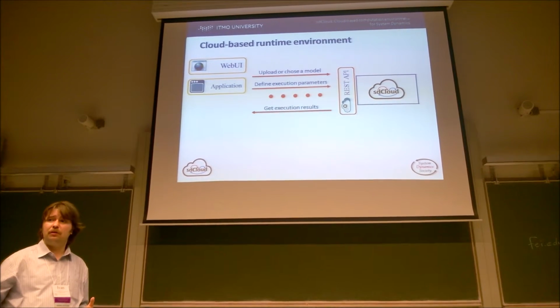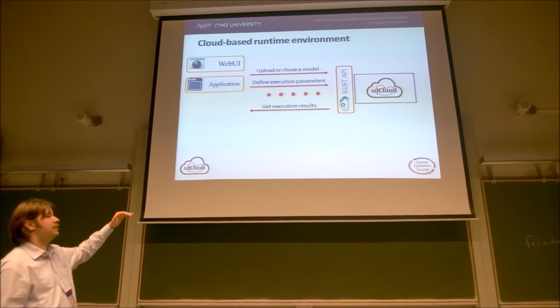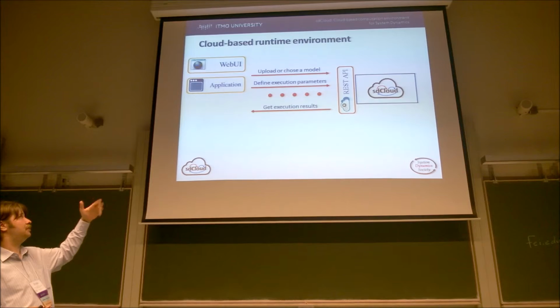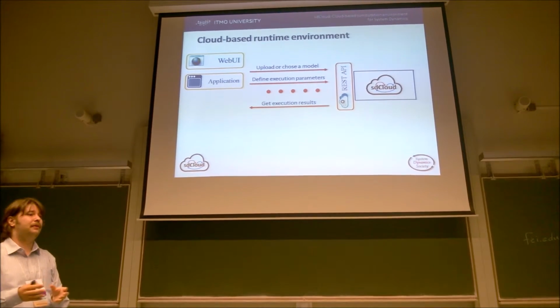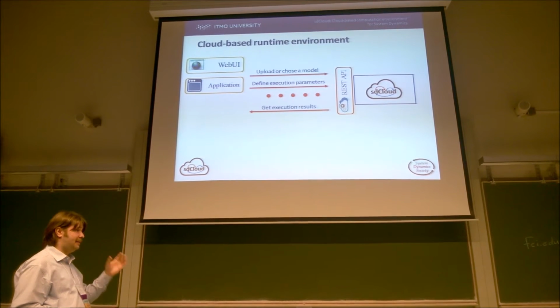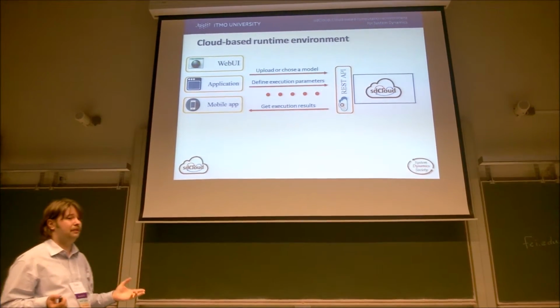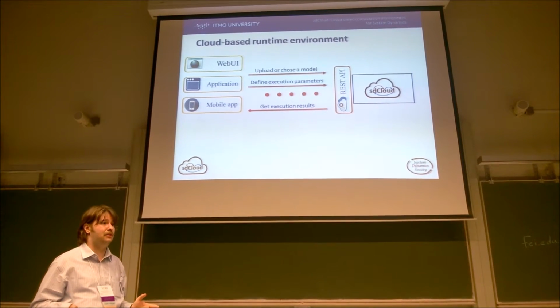We just upload the model to the sdCloud, and using the REST API, this application will perform all the steps. It will select the model, push different execution parameters, get the results, and show the fancy charts. The same can be done with mobile apps, for example, different applications for our phones, tablets, and so on.